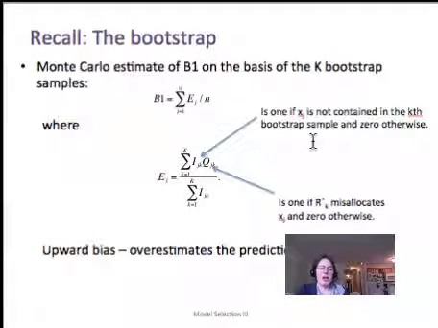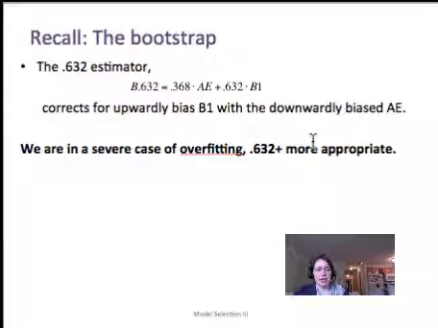Nonetheless, we know that this bootstrap estimate can be upwardly biased and overestimate the prediction error. So we know we can do better, and they build up to it the same way we did. The 0.632 estimator will correct the bias of B1 by pushing it toward the training error, the training error being AE, although I couldn't see where they defined AE. I'm assuming they mean AE is the training error. So that steps us in the right direction for correcting the bias.